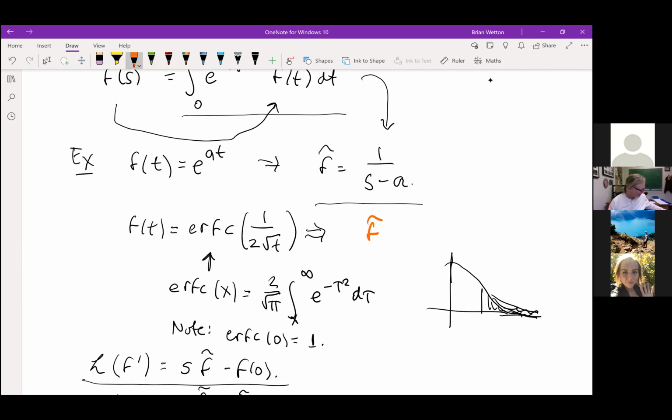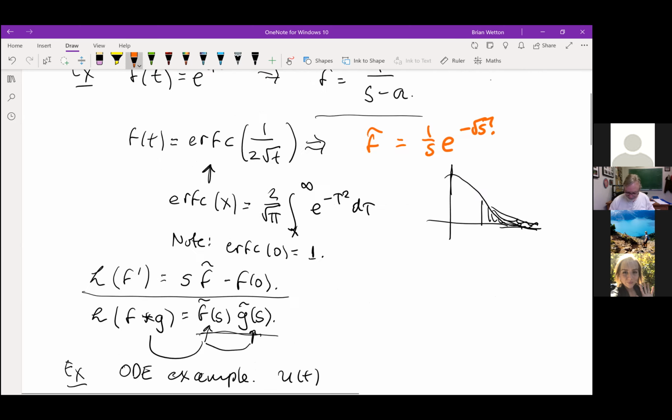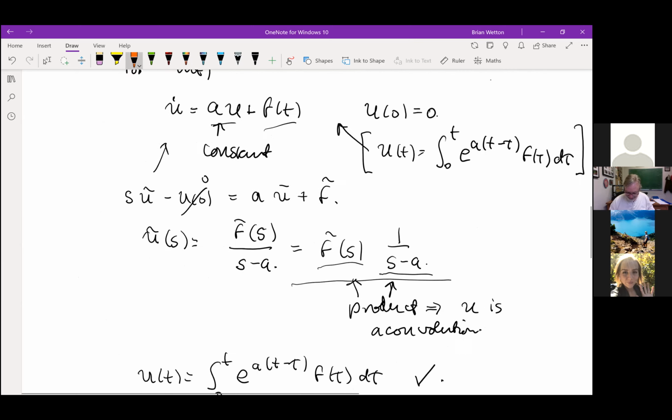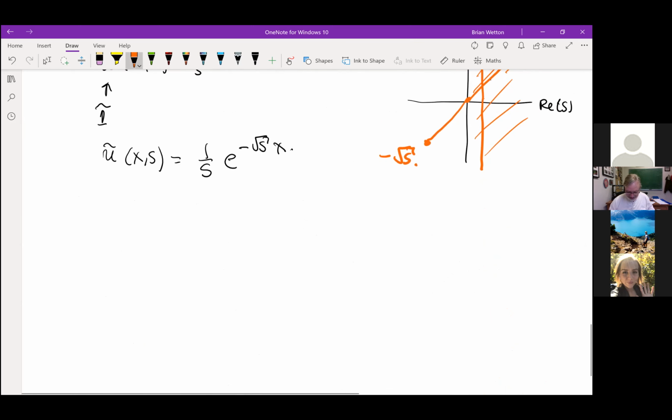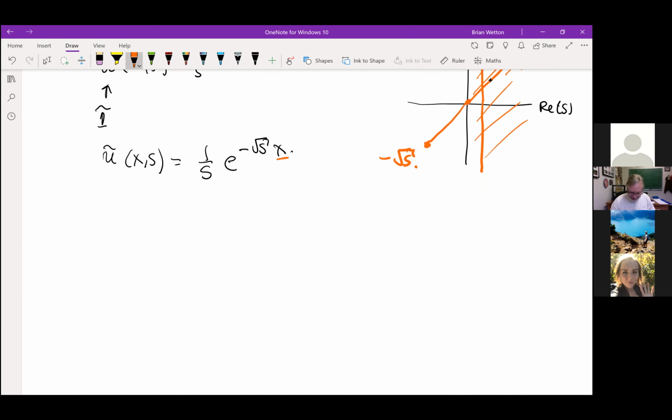Okay, let's go back and look. 1 over s e to the minus square root of s. Okay, so this thing, except for this x, is looking sort of close, okay?